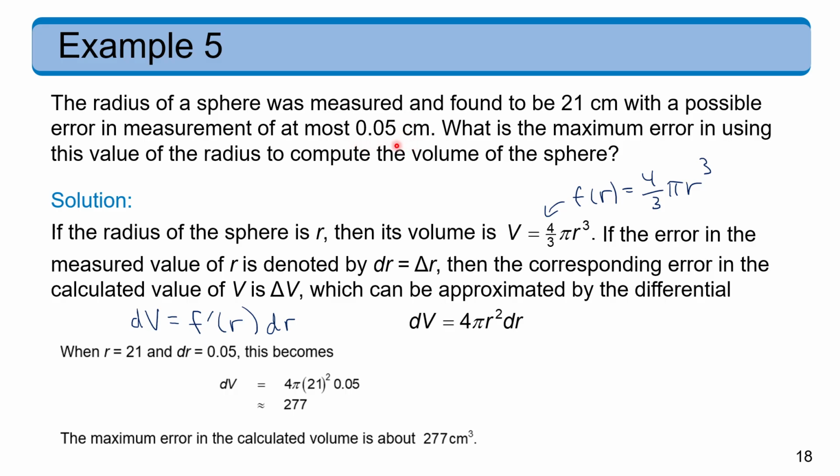But by using that measured value with that possible error to calculate volume, which we didn't do here, the value you compute could be off by at most 277 cubic centimeters, quite a large amount. So it's an interesting example to see how differentials can help us understand errors better.